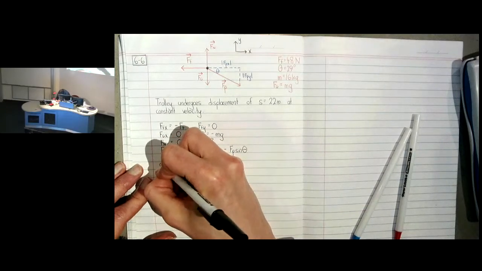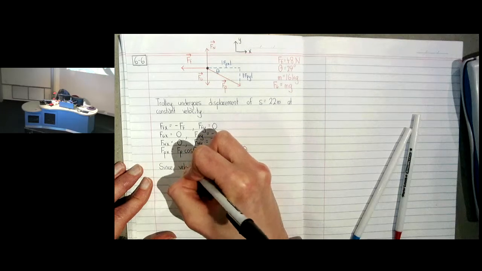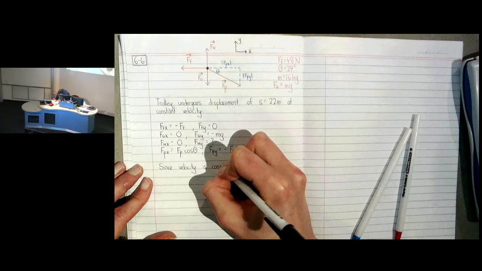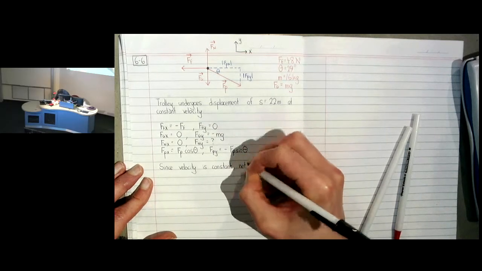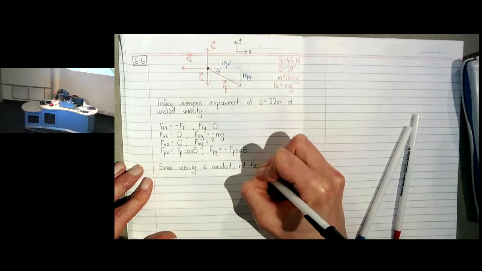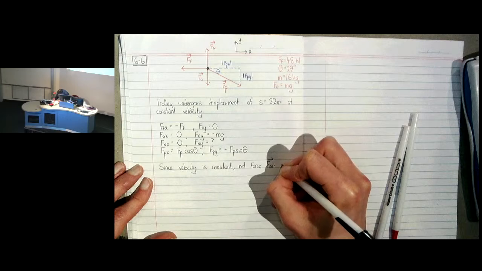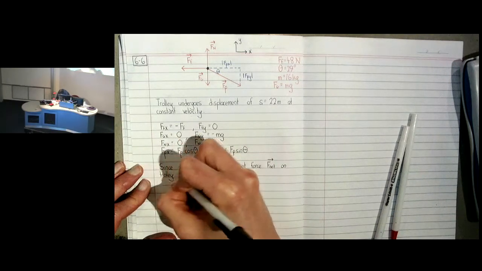So let's say that since velocity is constant, net force on trolley is 0.